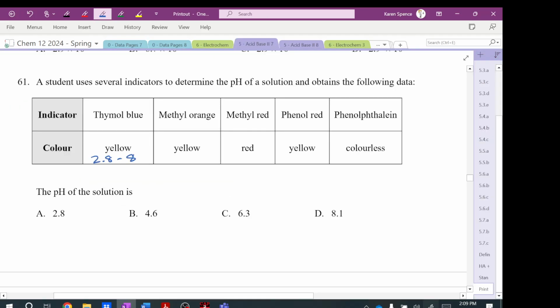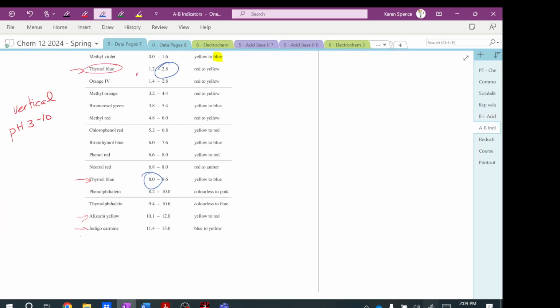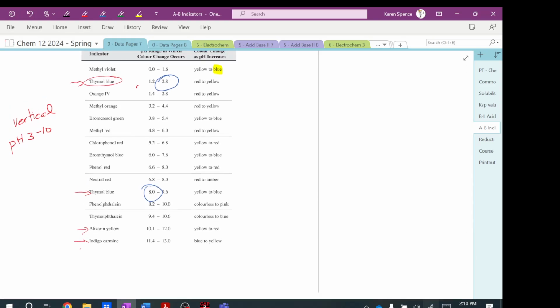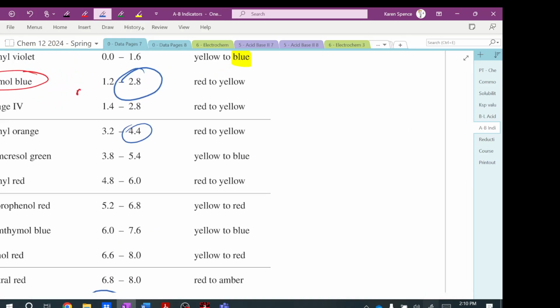That doesn't narrow it down very much. Okay, methyl orange is yellow. This is easier if you have your data table right beside you, and you don't have to keep flipping back and forth. Methyl orange is yellow. Methyl orange, that's above pH 4.4.